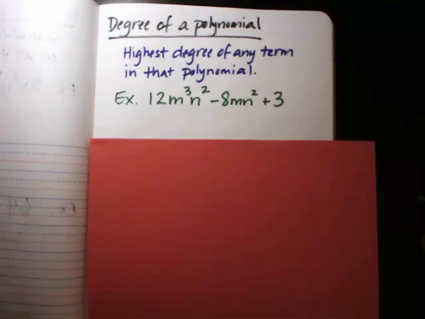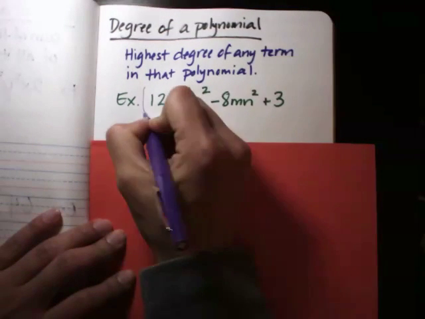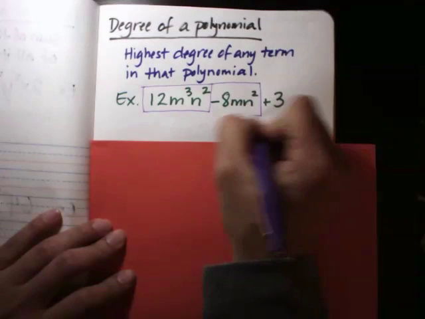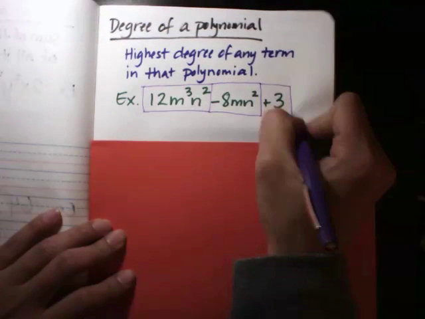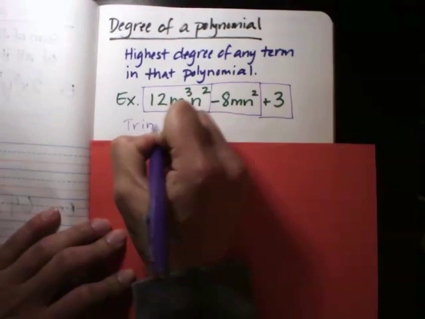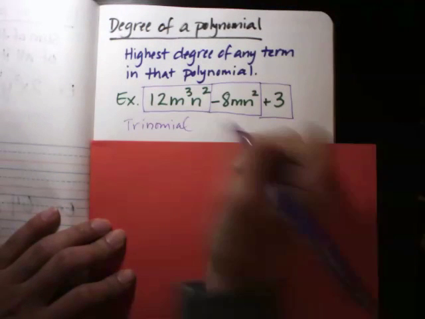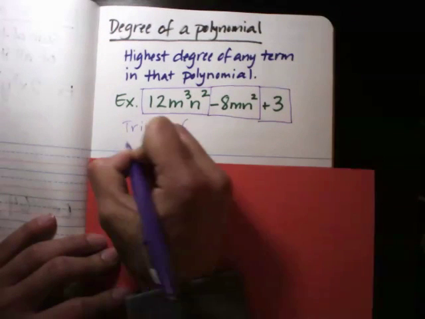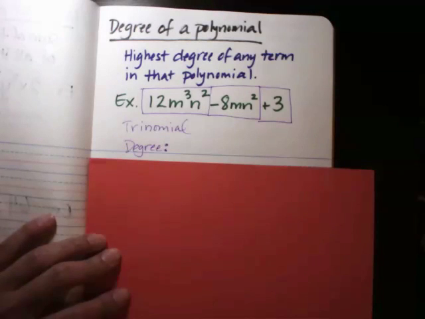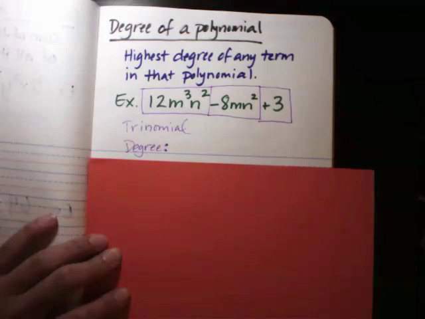If you have an example like this, you have to take it term by term, which means here's your first term, here's your second term, and here's your last term. This is an example of a trinomial. Okay, and the degree would be, we have to look at each term separately.